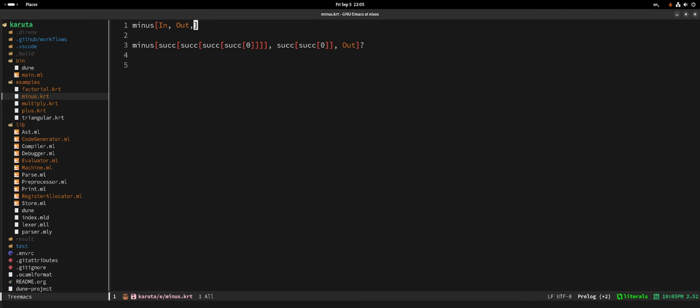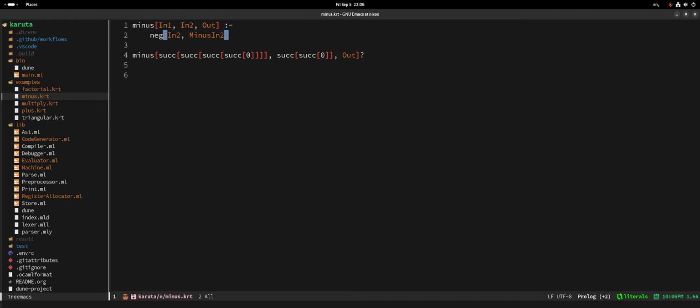This is out, and this is in1 and in2. We need to do the negation of in2. And then we just add minus in2 to in1. Plus in1, minus in2 out, basically.